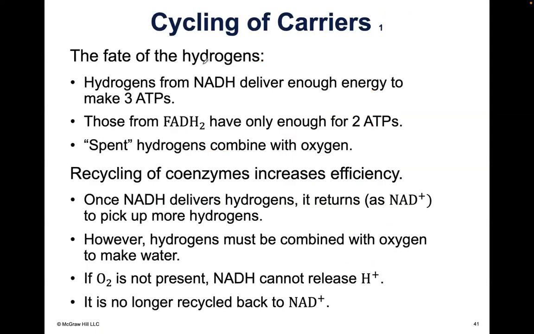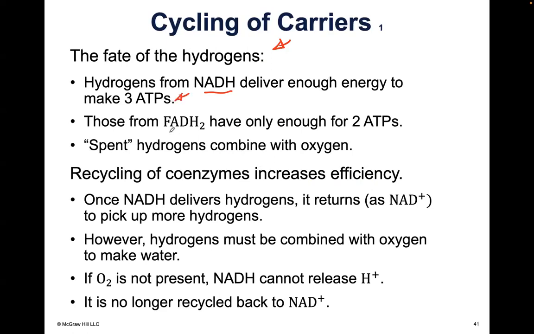Now let's talk about the cycling of carriers. What is the fate of hydrogens in the process? Hydrogen from the NADH delivers enough energy to make 3 ATPs. Because we told you before, NADH is just an energy carrier, a coenzyme that helps to transport energy. This energy carrier coenzyme has to deliver enough energy to make 3 ATPs.